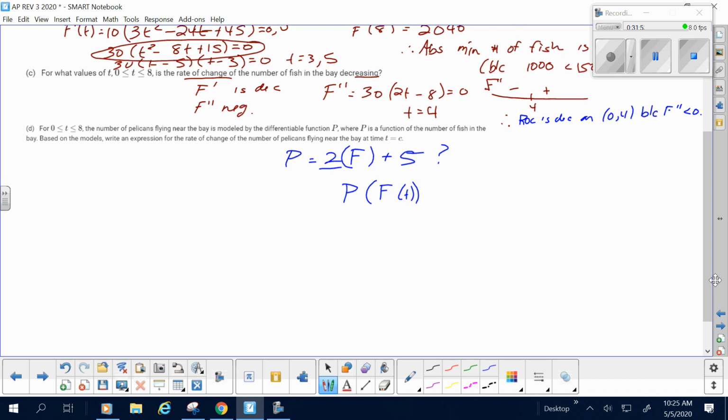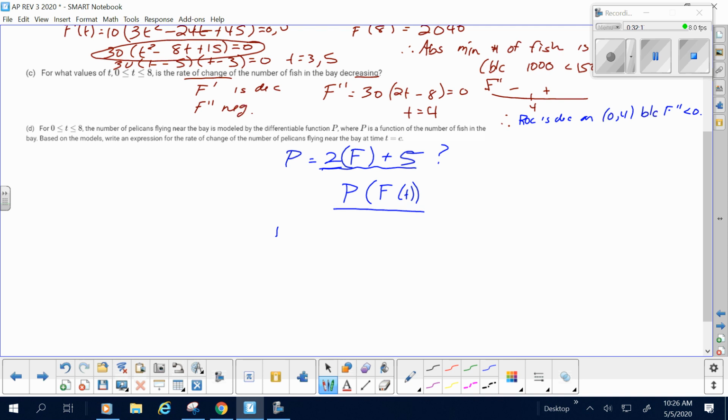So if I wanted an expression for the rate of change in the number of pelicans, don't I need to take the derivative of that? It'll depend on the equation that relates fish to pelicans, but also the fish equation itself. So chain rule, all right? You needed to use the chain rule here.